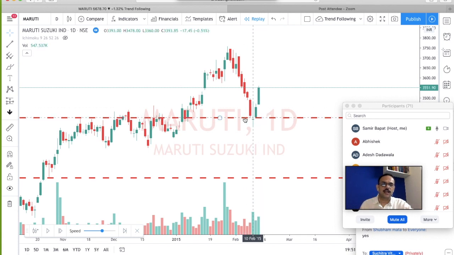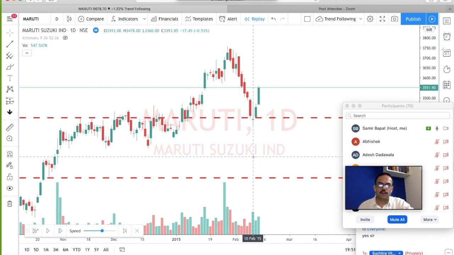We can take this as a support reference for the future also. Everyone okay with this example, where the level 3400 has not only acted as a resistance but also as support, three times it has done. This is support and resistance both.